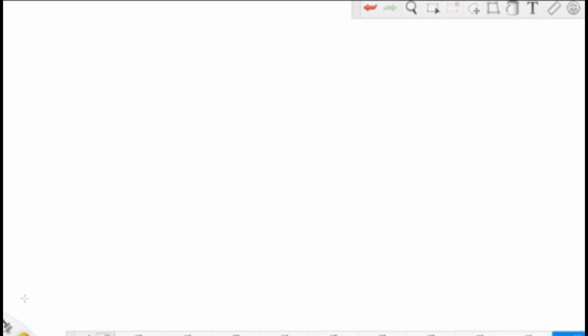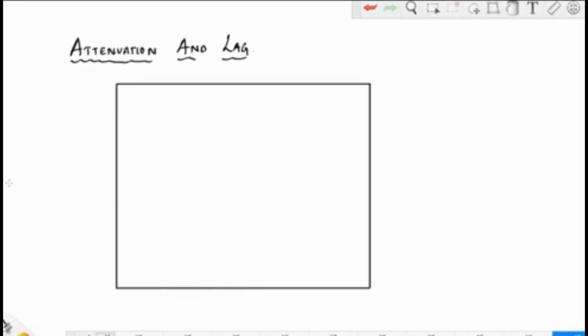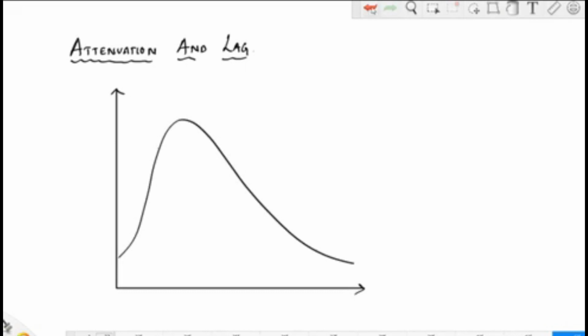So next, there is a term called attenuation and lag. So in attenuation and lag, if you draw flood hydrographs, inflow and outflow flood hydrograph, so assume this is inflow flood hydrograph.